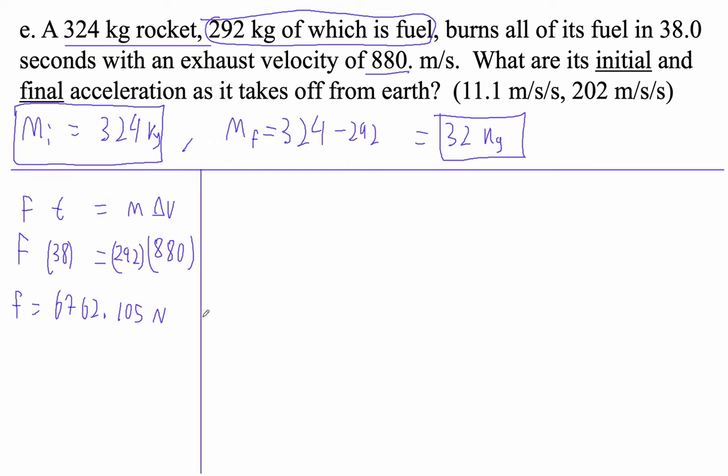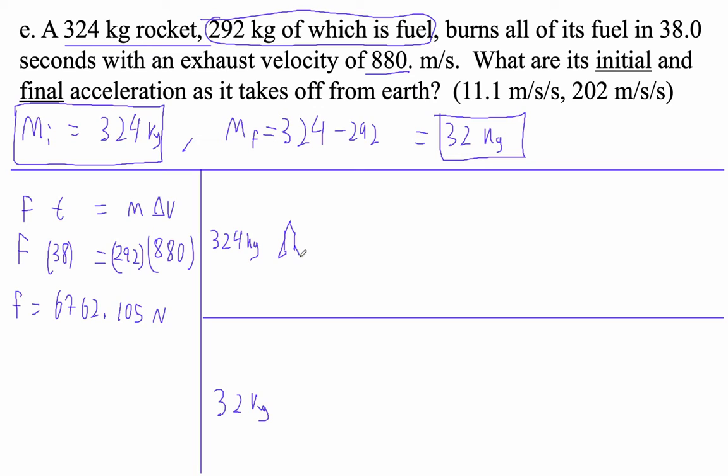All right, and now we've got the tricky job of figuring out the initial and final accelerations. Now in the initial, we've got 324 kilograms of rocket. In the final, we have only 32 kilograms. Okay, so initially this rocket's kind of a chorker, right? Okay, the force upward is easy, right?